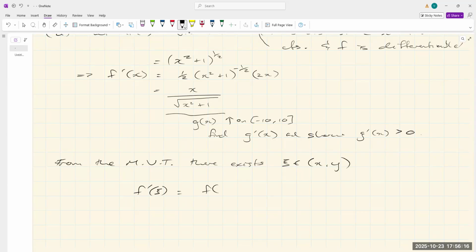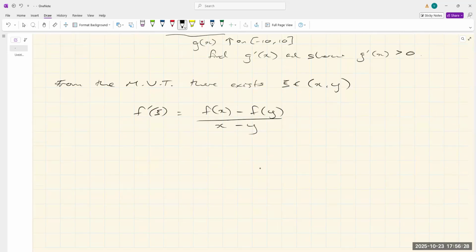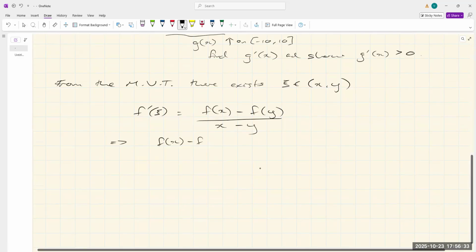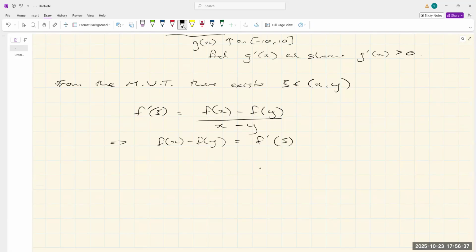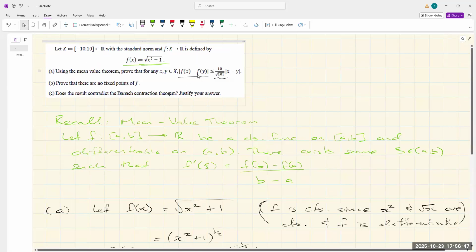So here's f of x minus f of y divided by x minus y. Now I'm just going to cross multiply. So I get f of x minus f of y is equal to f prime of this mystery number xi times x minus y. And now I'm going to take the modulus on both sides, because if you look at what we have to prove, it involves the modulus.